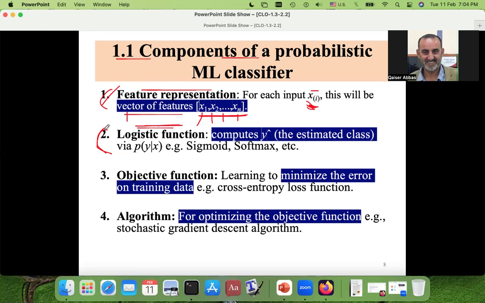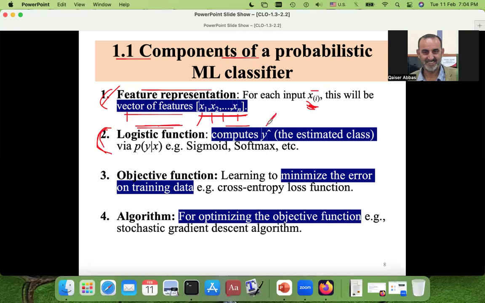And every model has its own logistic function. It can be different, can be the same, because it is the equation of the probability that you are going to use in that model. So what is logistic regression? This will compute the probability of the target class. Here you are seeing it will compute Y cap.